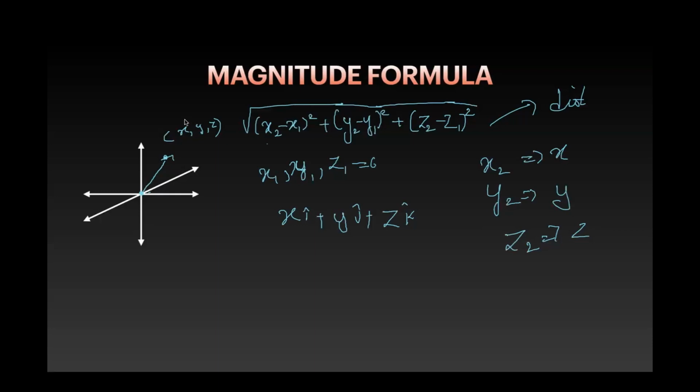Correct? This is what you are finding. This is point A and this is point B. So x, y, z.